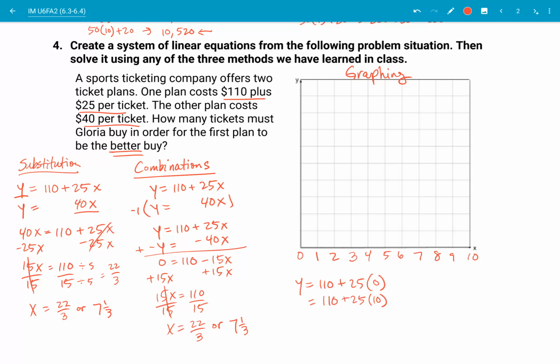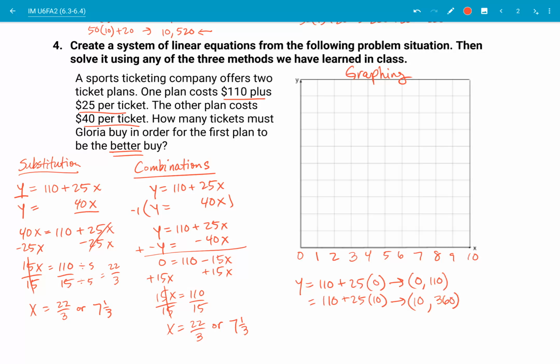Okay, so if I plug in 0, this means I have a point at 25 times 0 is 0 plus 110 is 110. And if I plug in 10, then I get 10 times 25 is 250 plus 110 is 360. Okay, so this means I have 2 points at (0, 110) and (10, 360).